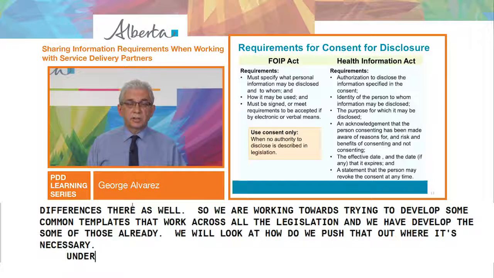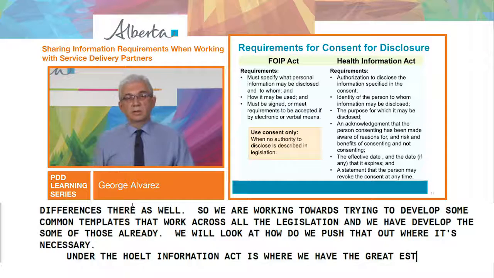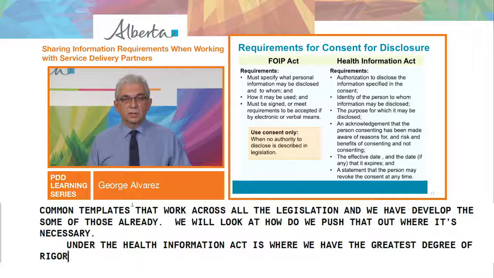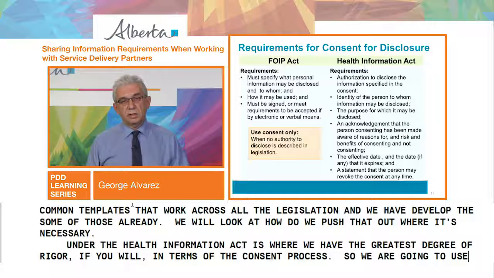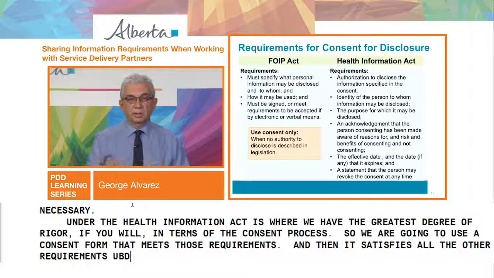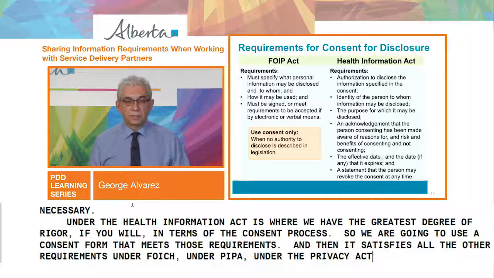Under the Health Information Act is where we have the greatest degree of rigor, if you will, in terms of the consent process. So we are going to use a consent form that meets those requirements, and then it satisfies all the other requirements under FOIP, under PIPA, under the Privacy Act by using that highest level of rigor.